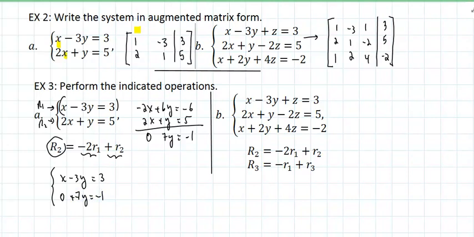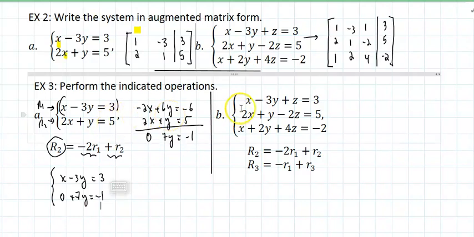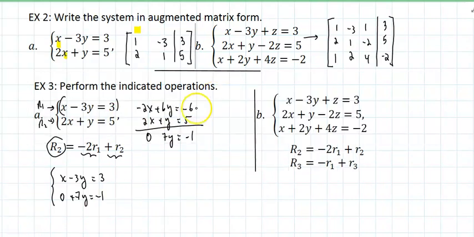Now, we're going to take this idea that I just did, and we're going to apply it one more time. Except now what we're going to do, we're going to write this in augmented matrix form. So this we did using what we already know.